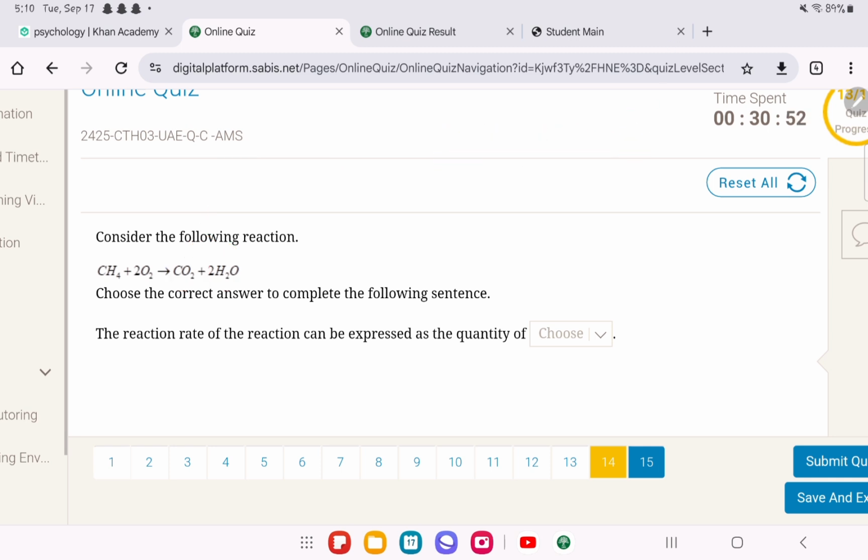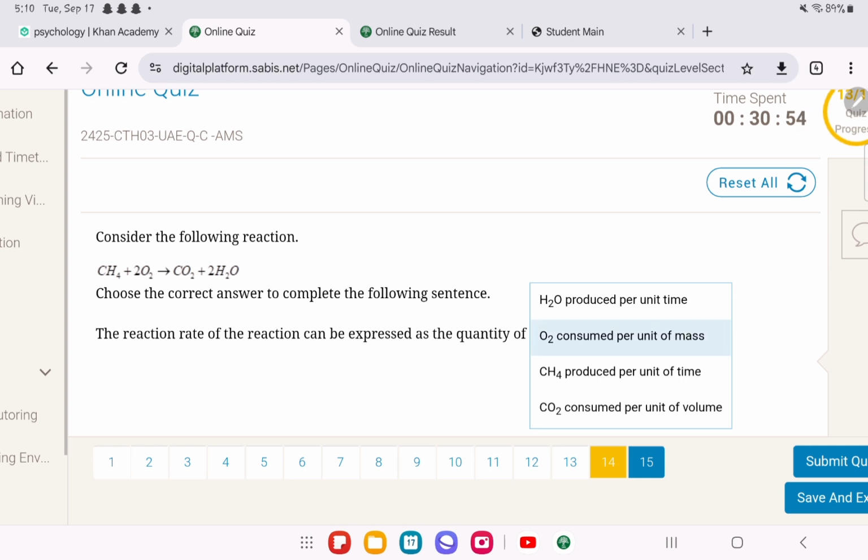So the rate of the reaction can be expressed as the quantity of H2O, and of course it has to be produced or consumed per unit time. We shouldn't forget this. Produced or consumed per unit time. This is very important. So H2O produced per unit time, this is an option.